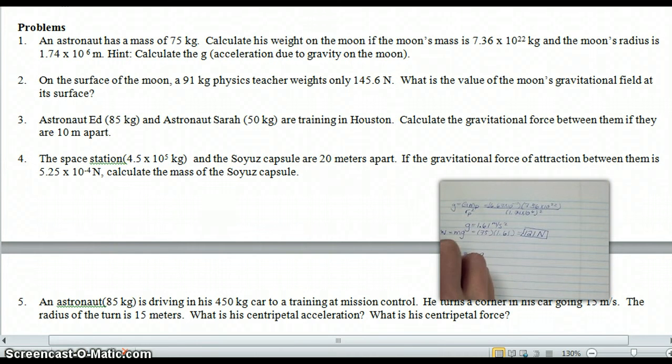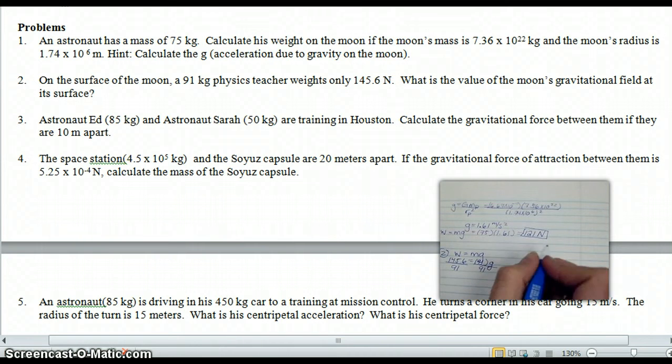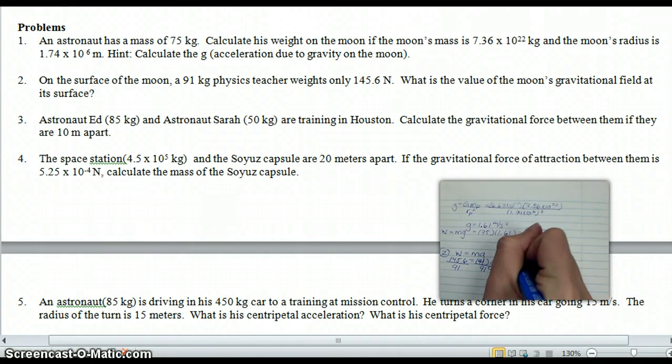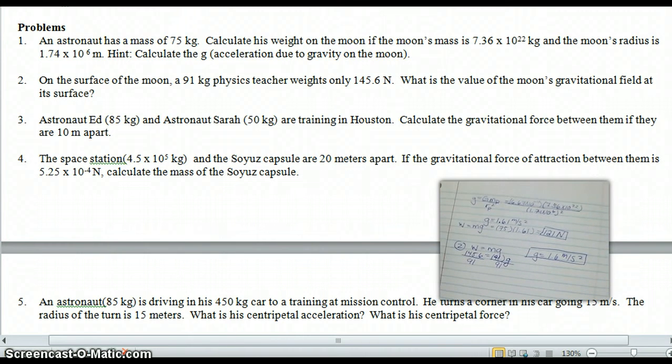They give us a weight of 145.6 and a mass of 91. So we're finding little g. So we divide both sides by 91, and we get a little g that's equal to 1.6 meters per second squared. So that's the answer to number 2.